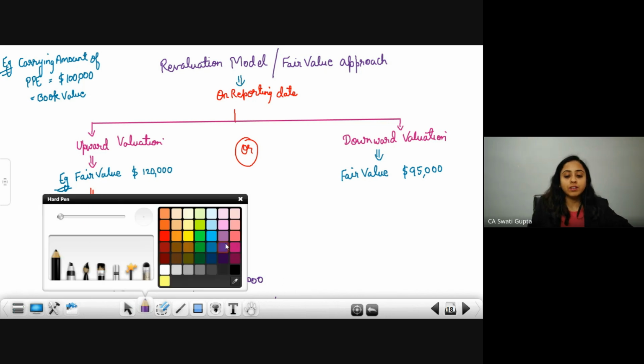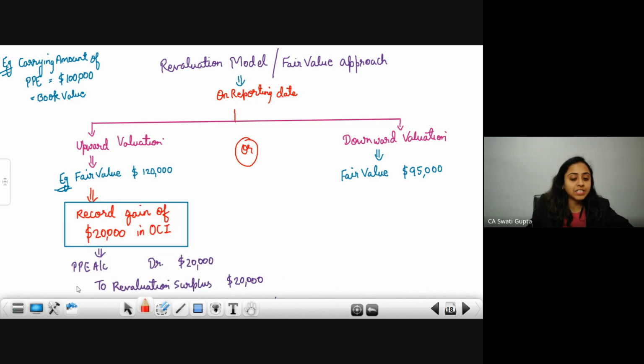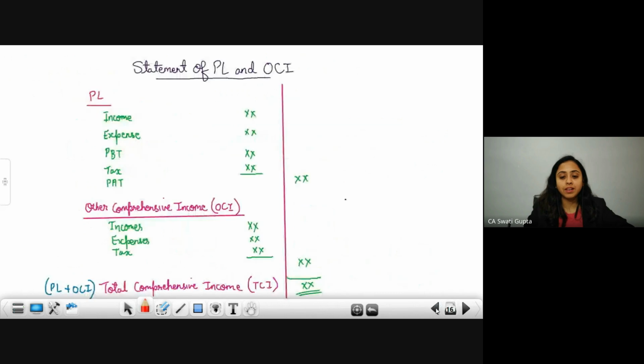Super important to understand. This is your balance sheet item, whereas this will be shown in your OCI. So the gain on fair valuation or revaluation surplus on fair valuation of PPE will be shown under OCI. Just an example.